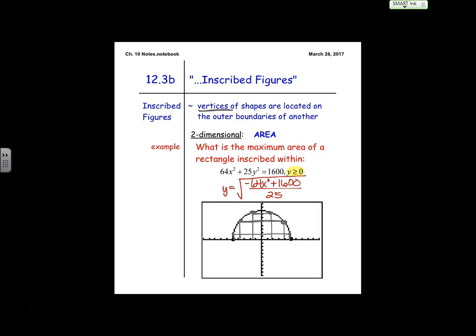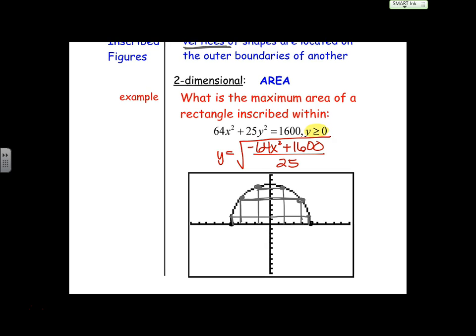Well, we use equations. Using equations, we say all of these vertices, I don't know exactly where the best one hits, but all of them hit at an x and a y. And if they hit at an x and at a y, then I can actually show the dimensions of a general rectangle within this parabola.